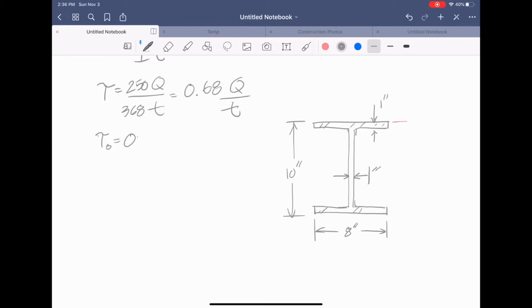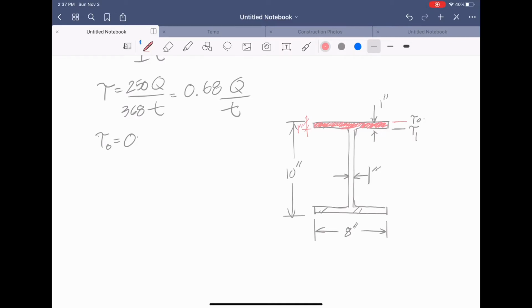And then we're going to move on to this, which is going to be tau at 1, and we're solving for Q. Now Q is going to be that area times the distance, and the distance is going to be half of that since this is 1 inch thick, right?